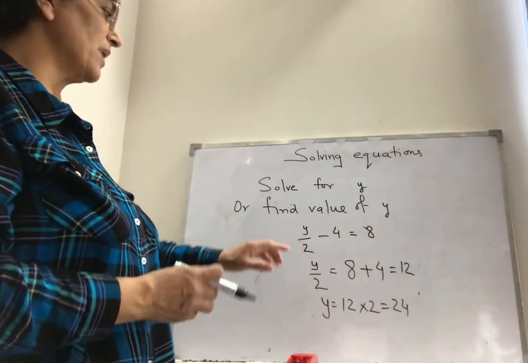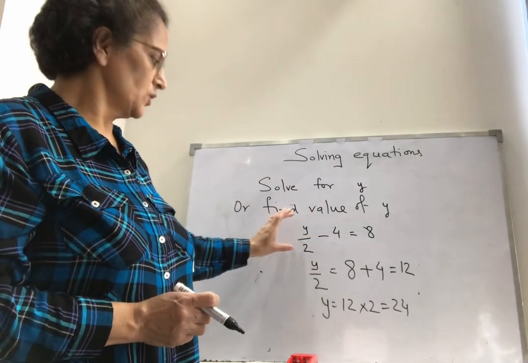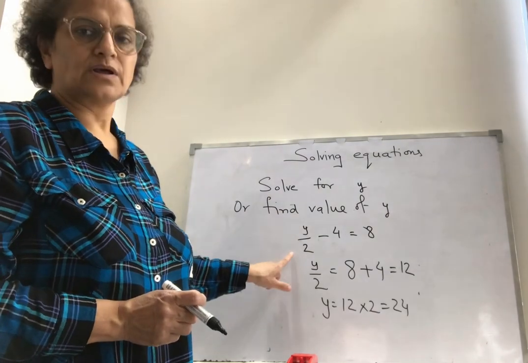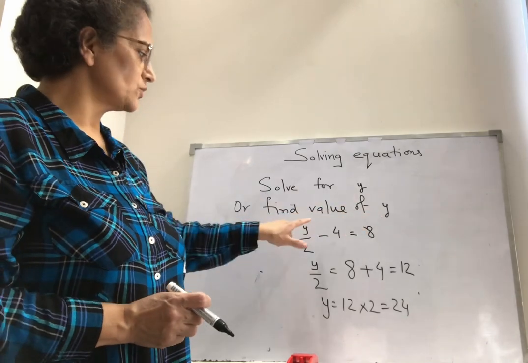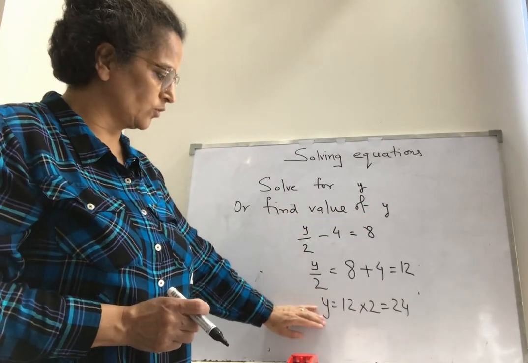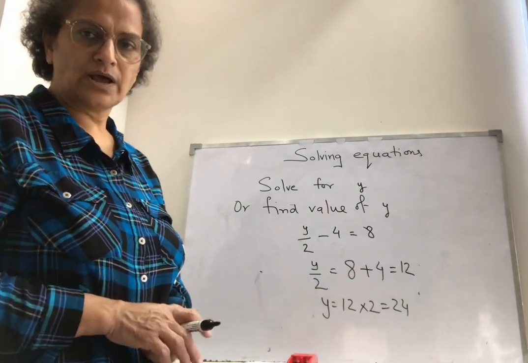So keep in mind, first you have to remove plus minus term. Then you have to look into it. If there is division or multiplication, that term has to be removed. Whatever variable is given to you, if you are finding the value of that variable, it should be all alone on either side. It can be on left hand side, it can be on right hand side.